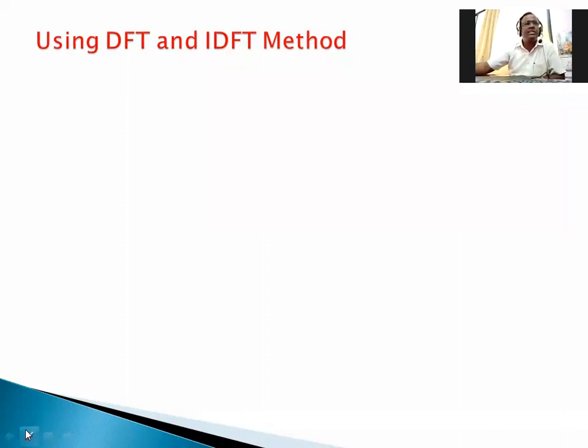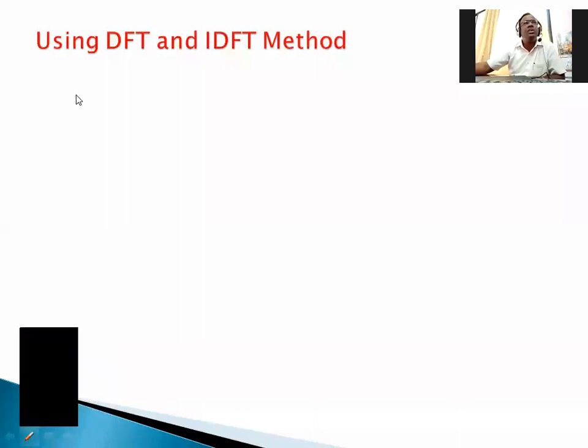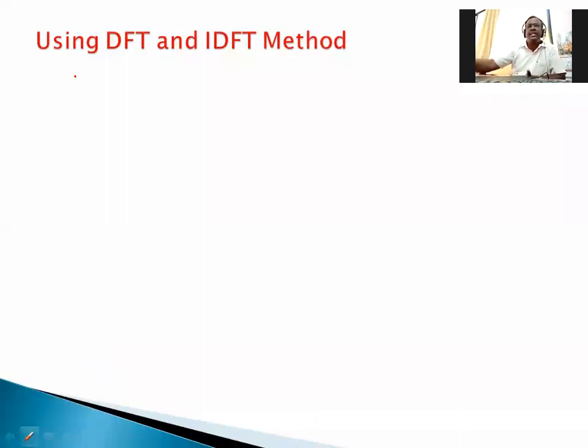What are our previous sequences? We will calculate with the same sequences. Can anyone tell me what are those sequences? What is the value of x1?